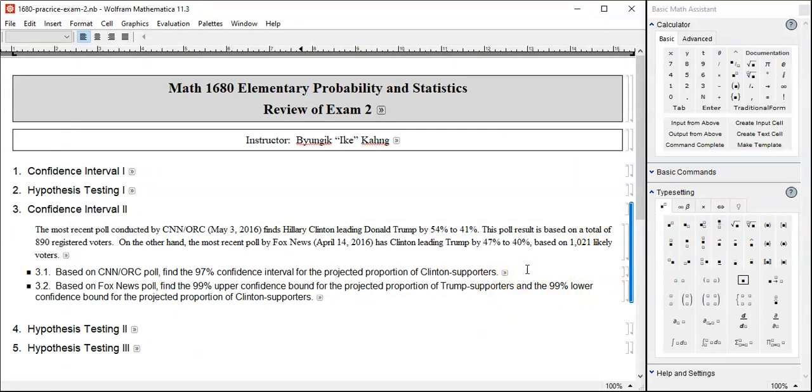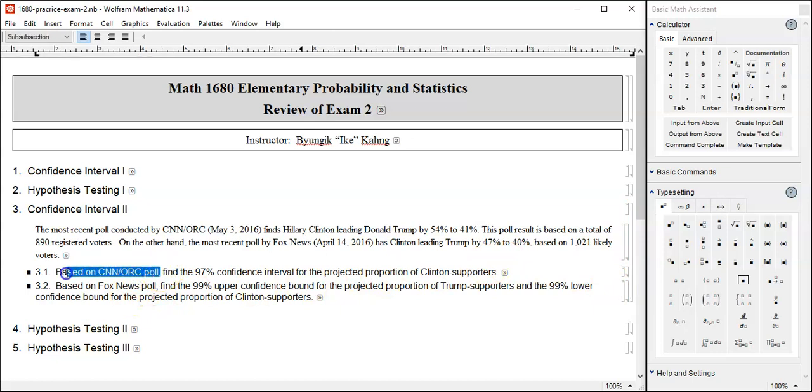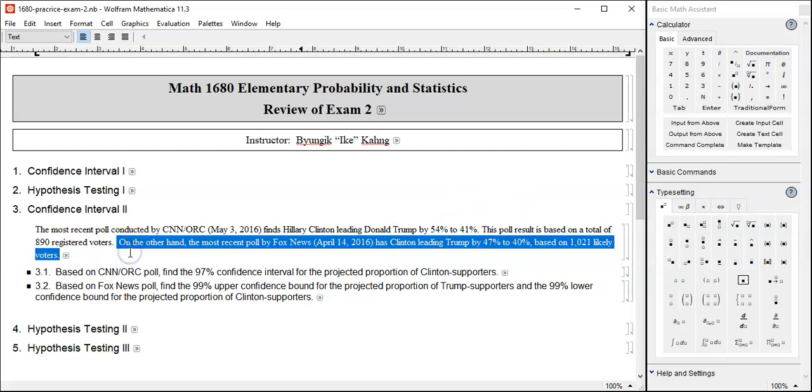Based on CNN-ORC poll, find a 97% confidence interval for projected proportion of Clinton supporters. Okay, let's go ahead and do that. So the first problem is about the CNN-ORC poll only. So the second one, Fox News, you don't have to read it.